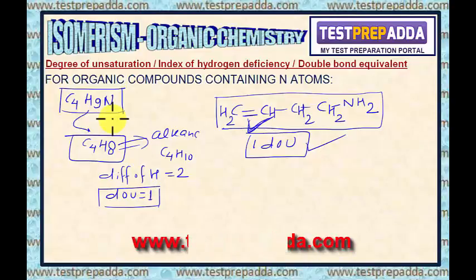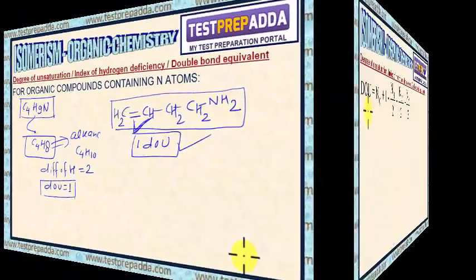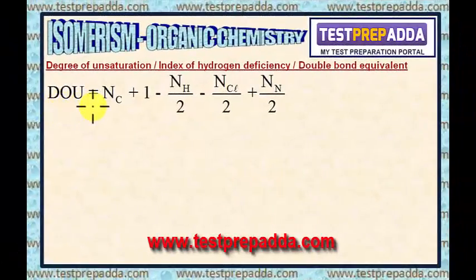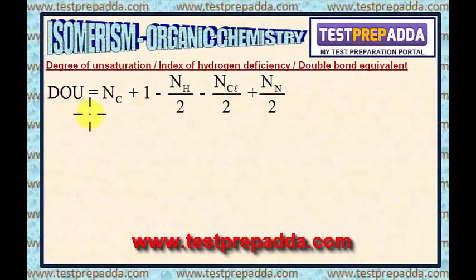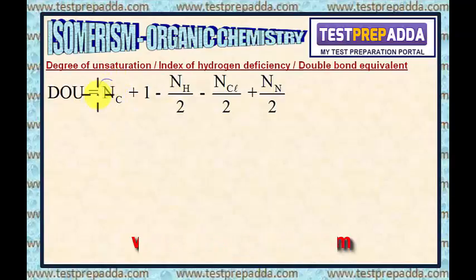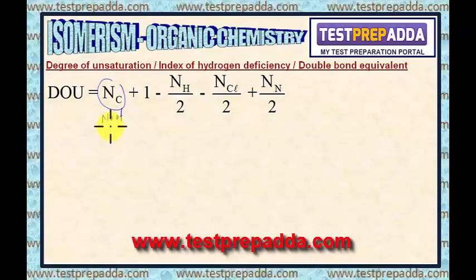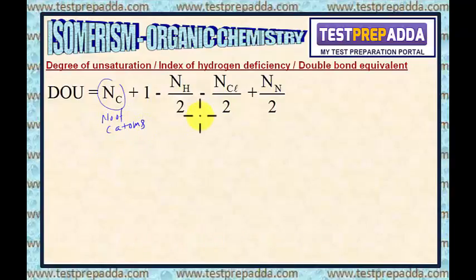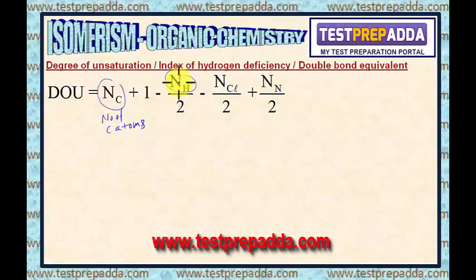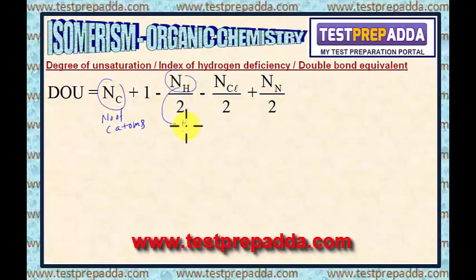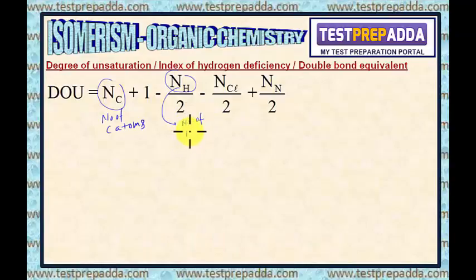Dear students, now I'll give you a general formula to find degree of unsaturation. This is a general formula where NC is the number of carbon atoms present in the organic compound. This is the number of hydrogen atoms.